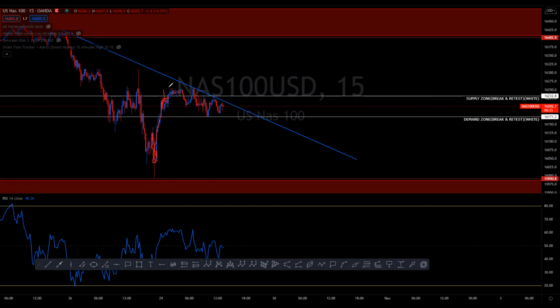which in this case, the institutional was actually mitigating this area, which is where another Harami was formed here. Okay. So you can see they came up and mitigated this area off of this imbalance. And then there was a Harami candle that does that.